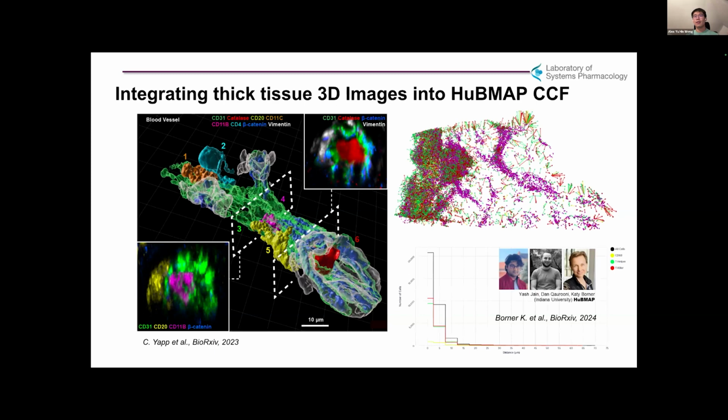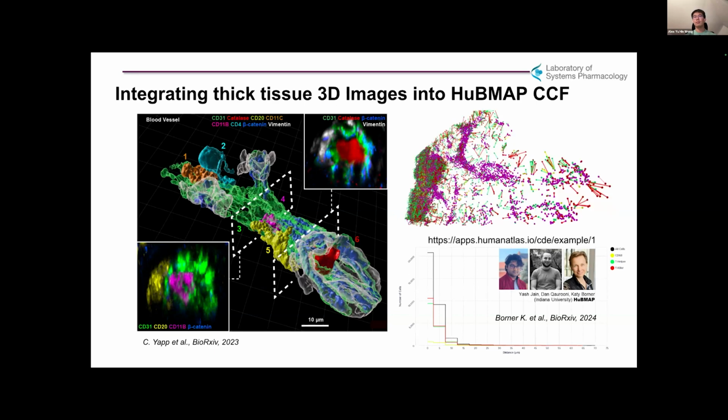But here you can also see that in 3D, this kind of data size would get bigger as you move across to much larger tissue. And so being able to condense that and query this with the CDE will be very, very helpful. And here's a link to explore this data set imaged by Clarence.